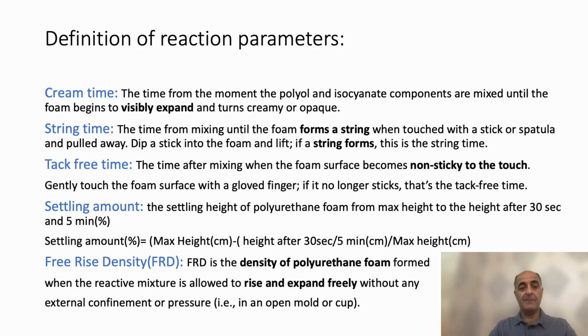String time is the time from mixing until the foam forms a string when touched with a stick and pulled away. Dip a stick into the foam and lift. If a string forms, this is the string time.